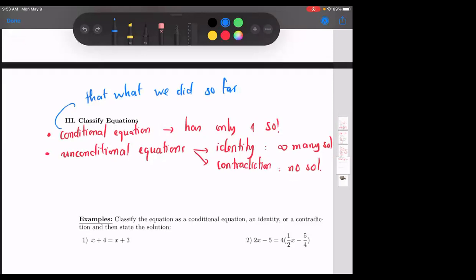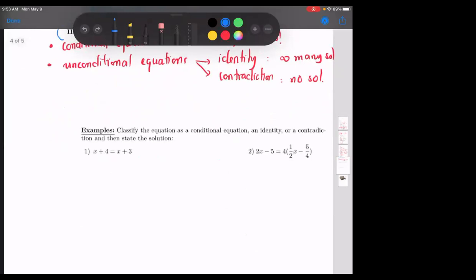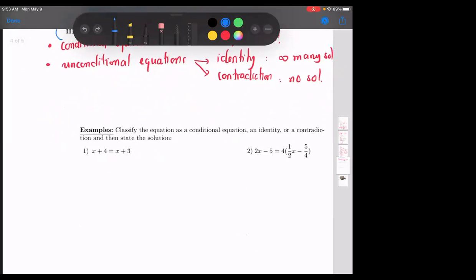For the unconditional equation, I'll show you some more examples. So for example, number 1, x plus 4 equals x plus 3. If you just eyeball the problem, can you see something wrong? A number plus 4 is equal to a number plus 3. Is there such a number? No, right? It's kind of contradicting in the first place, right? But go ahead and solve for it. What about we subtract x from both sides? X gone, x gone. So what? 4 equals 3.